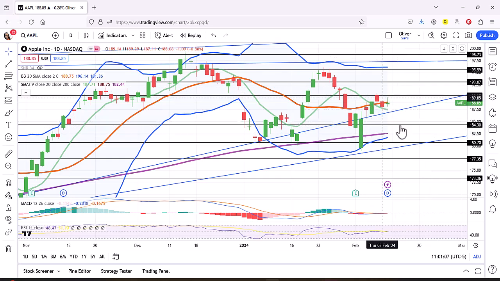But from what we see here, there is the price on the daily chart. Apple has come into some resistance in the 190 area, and then it pulled back at that point. It is still hovering around the neutral place on the 20-period moving average, which could indicate a little more movement upwards or downwards.